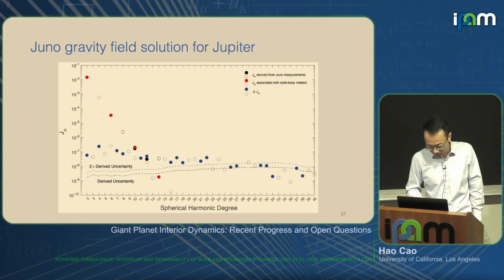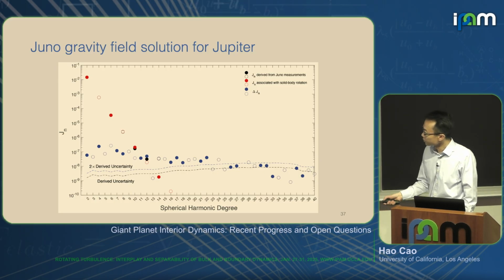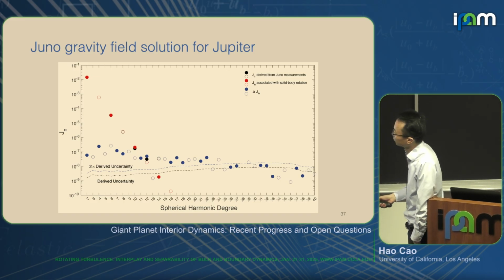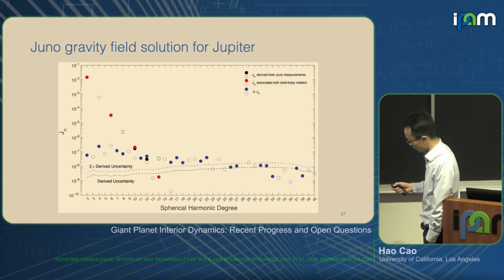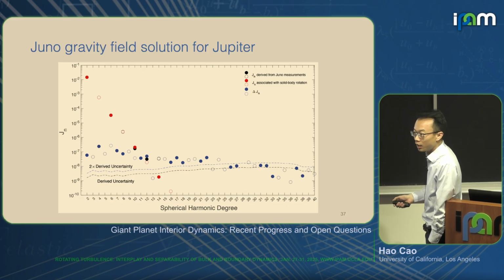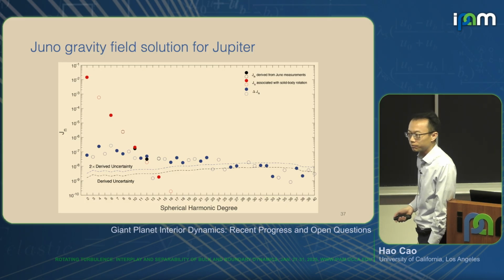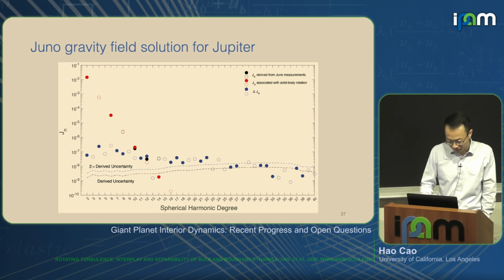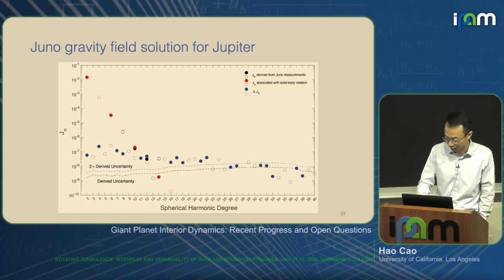If you just differentiate between the measured data point, the black dots, and the red, which is what you expect from the solid body rotating Jupiter, the exact model doesn't matter that much because it's a q to the power of n decay. And all the blue dots are supposed to be dynamics induced, most likely wind induced.